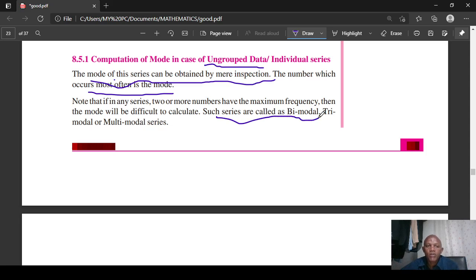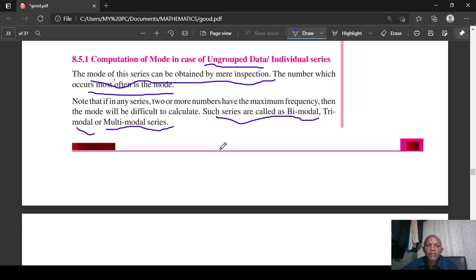If it has 3 observations that have the highest frequency, then that becomes a trimodal. And if the value is more than 3, then we call it a multimodal distribution.